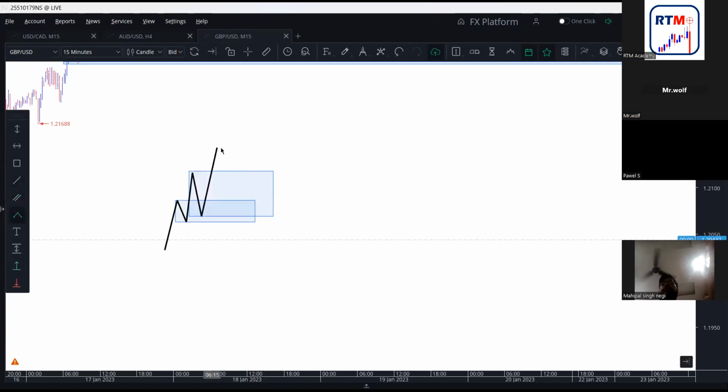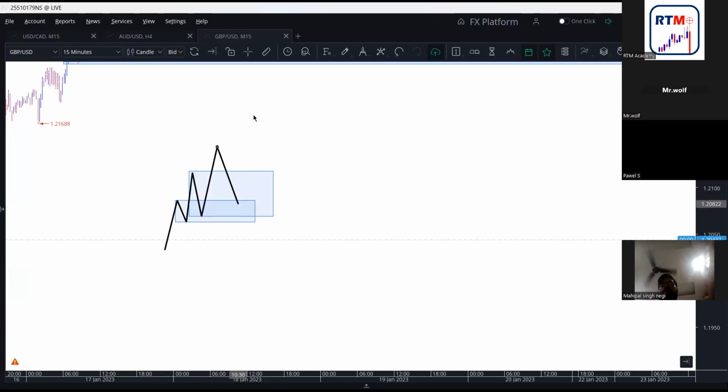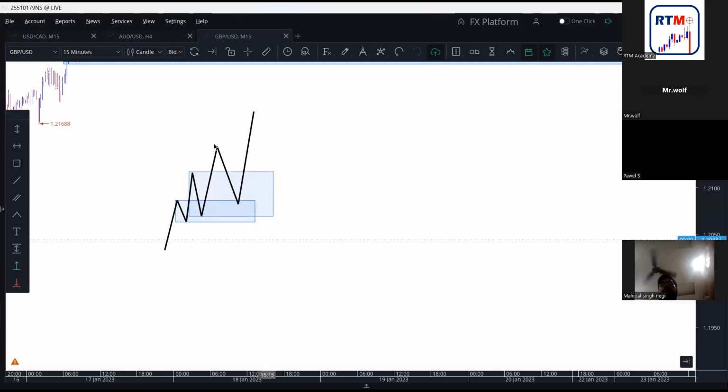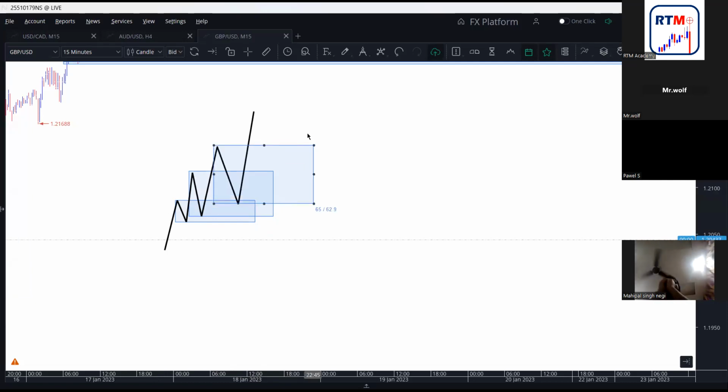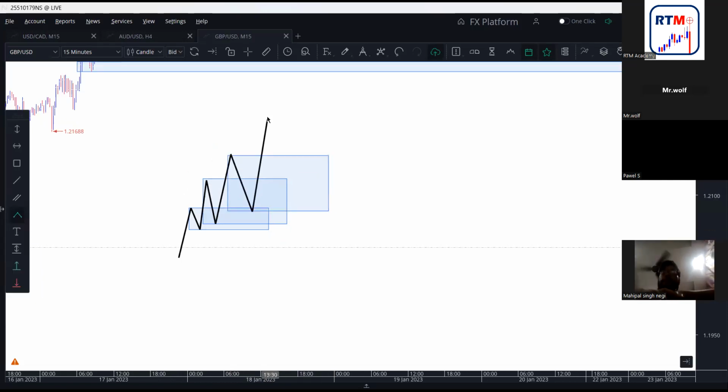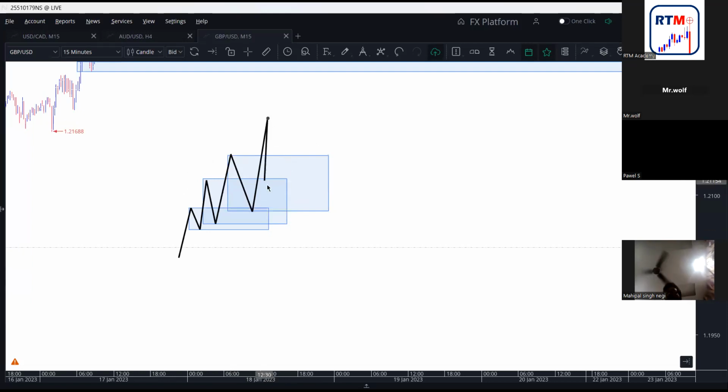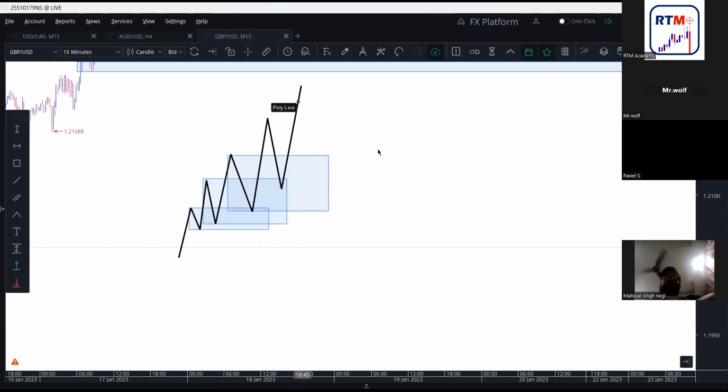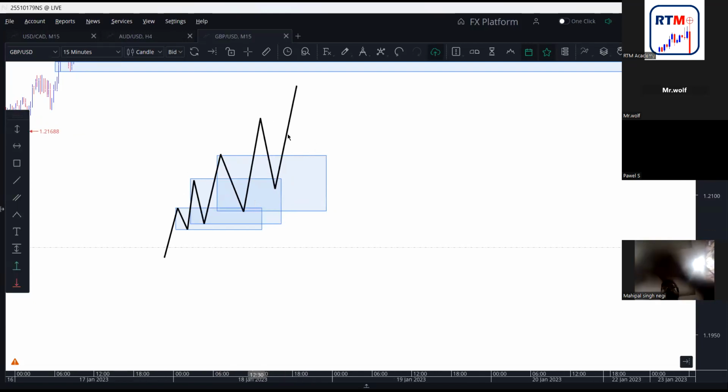When the price comes and consumes the orders right here, it moves up, and you see the orders have been transmitted to the new area. When price moves up and again gets back to the previous area, it is rejected again, and the orders are transmitted to a new area.